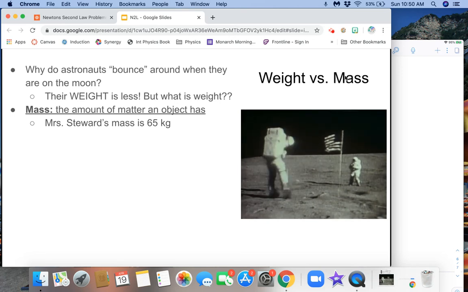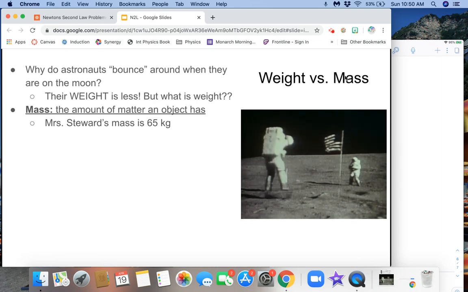Or if I exercise a lot, and I'm losing, quote, weight, really I'm losing mass there, okay? So that mass is not going to change if you just go to the moon. You're still going to have the same amount of stuff your body is made up of, okay?